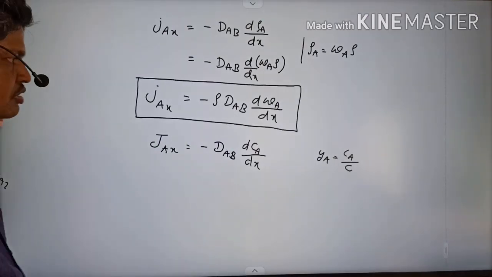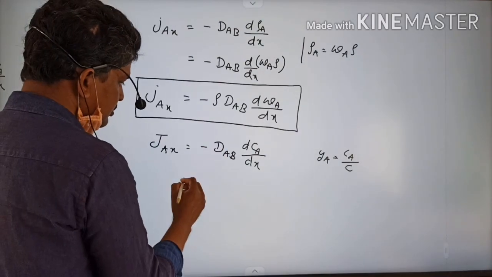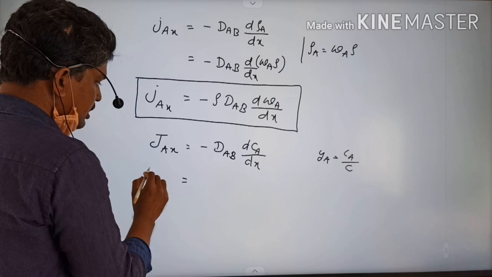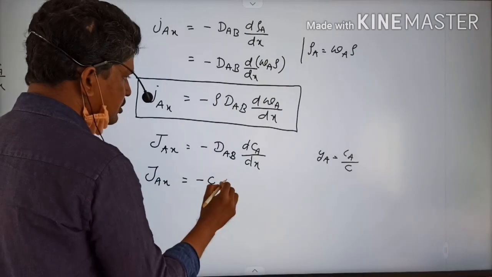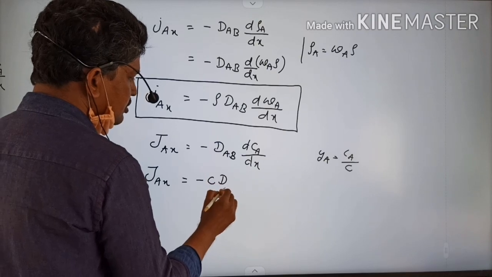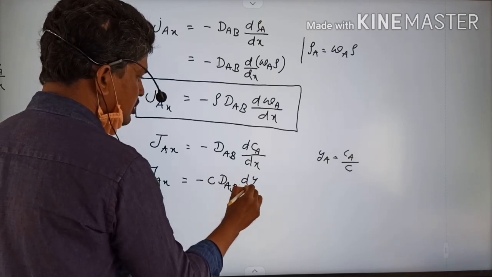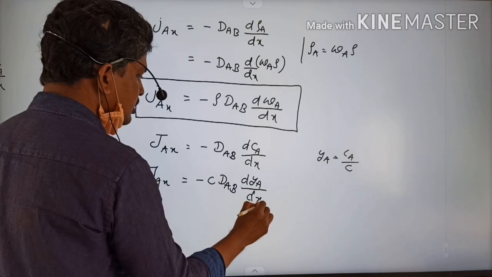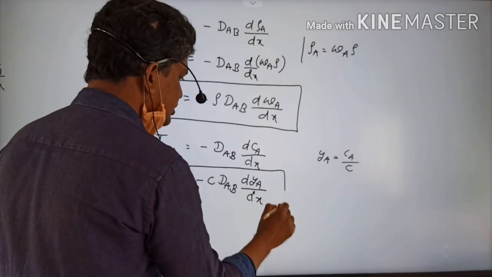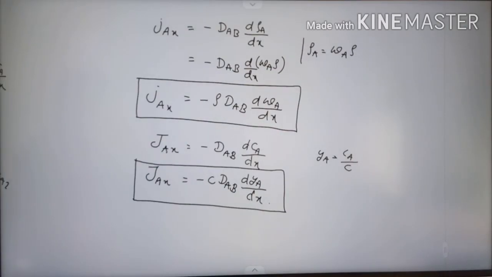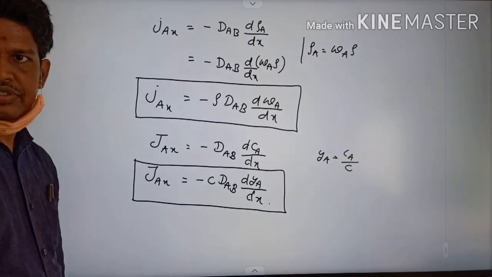So you can express it in terms of mole fraction, similar to this: Jx is equal to minus C into DAB into dYA by dx. These are the different forms of Fick's law equation.